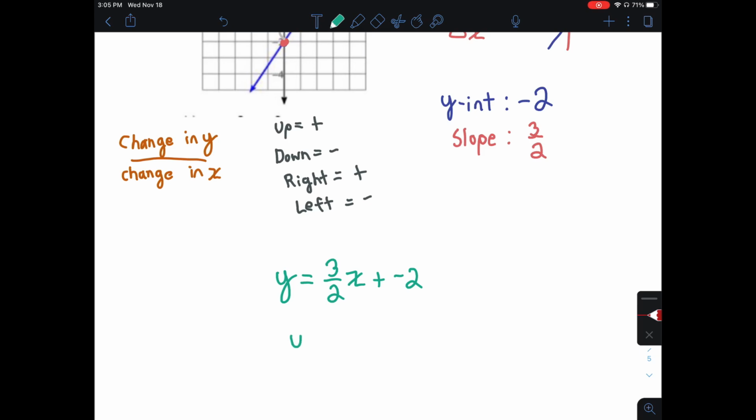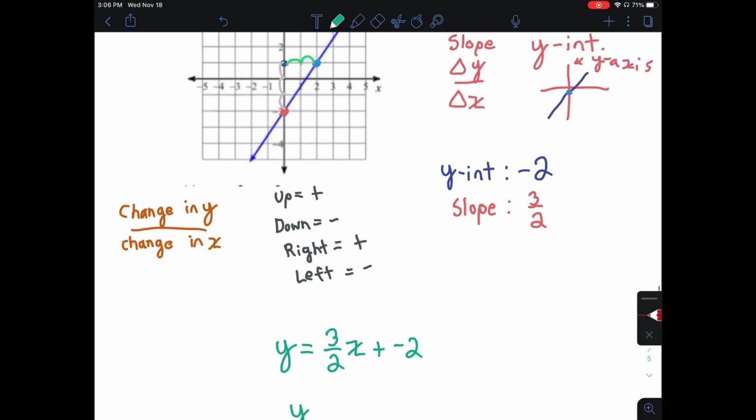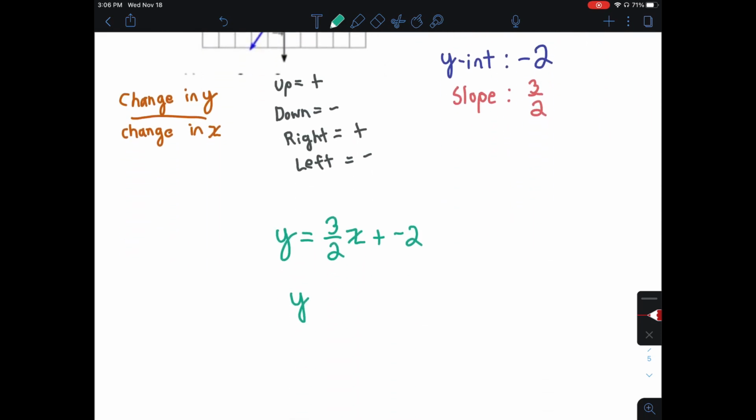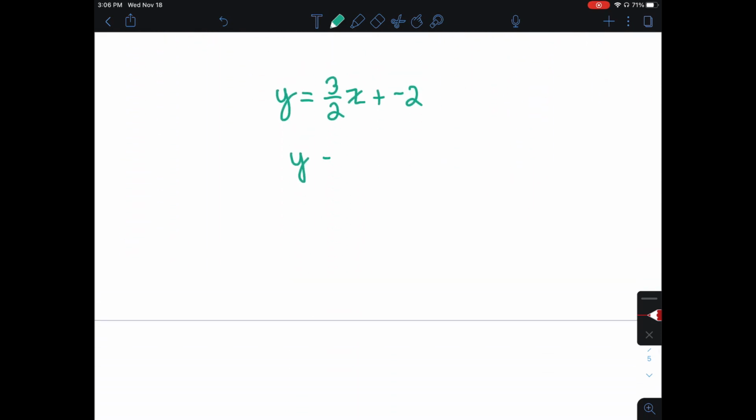Though it's the same value, you need to mind the sign. The plus matters for the y-intercept. If the y-intercept is positive, then it would be a plus. But since it's negative in this case, it would be y equals 3/2x minus 2. So make sure to do it this way. And that's your final answer.